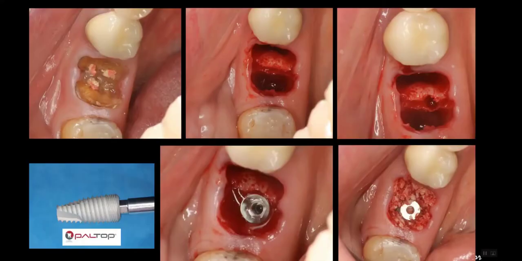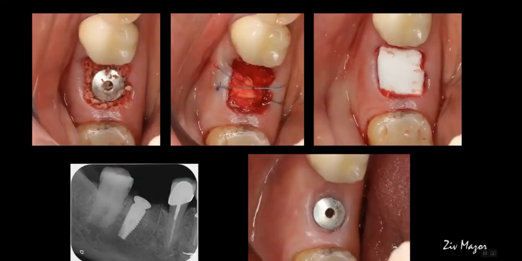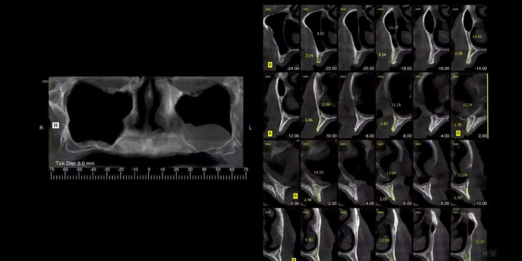Again, same principle, extraction of the tooth, going through the septum, placing our implant, grafting on top with some collagen, and look just 10 days later how the soft tissue looks. So definitely a big revolution.